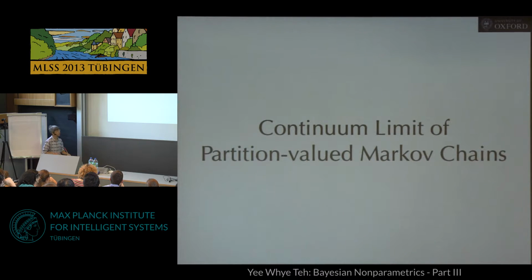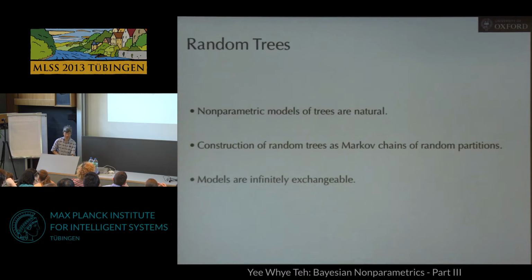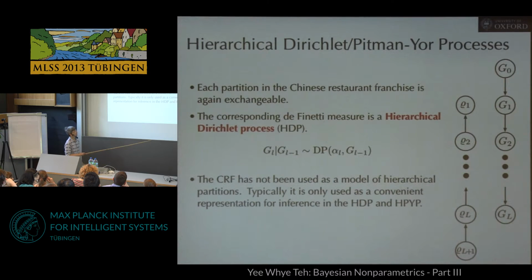So the last bit I'd like to talk about here is continuum limits of these partition-valued Markov chains. What I've said is that in both fragmentations and coagulations, we have a sequence of them. So we're going to get a Markov chain over random partitions.